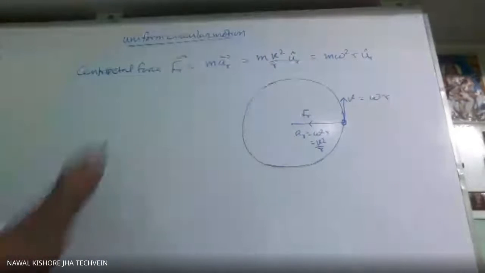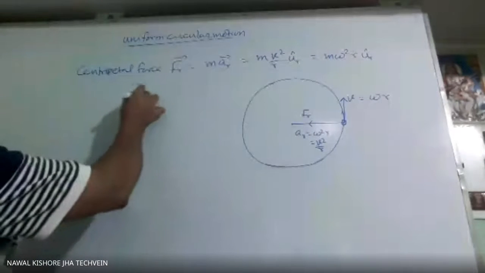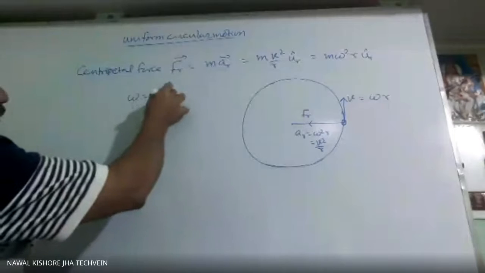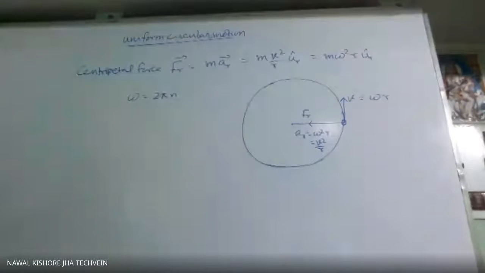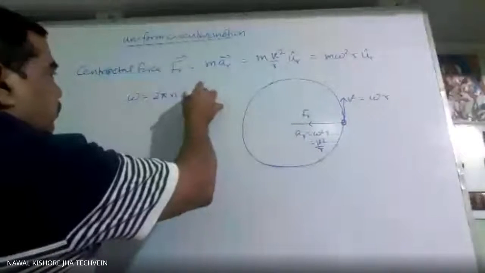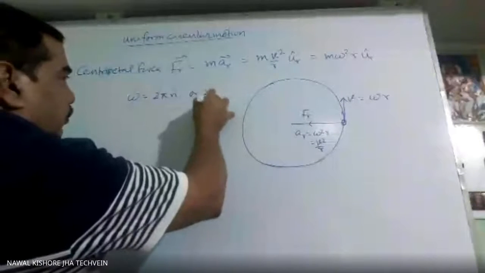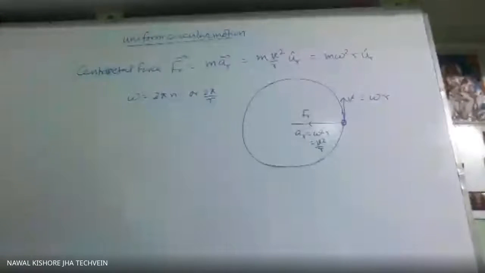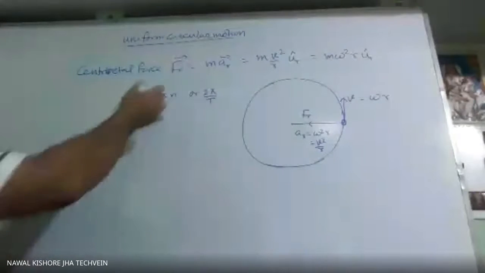Now if we have done this, omega is 2 pi n or 2 pi by T. So we can find force in terms of this also.